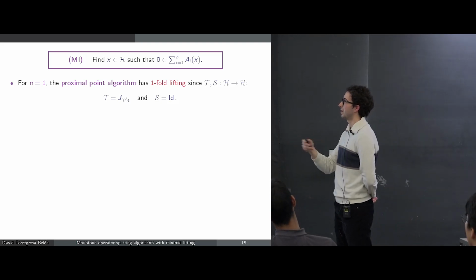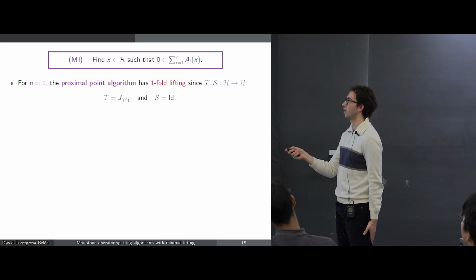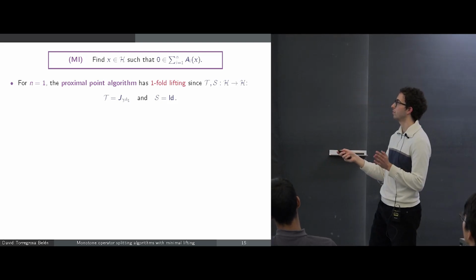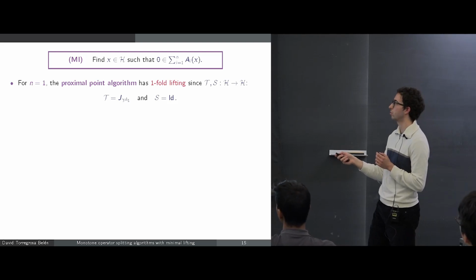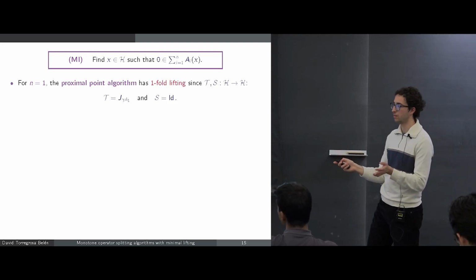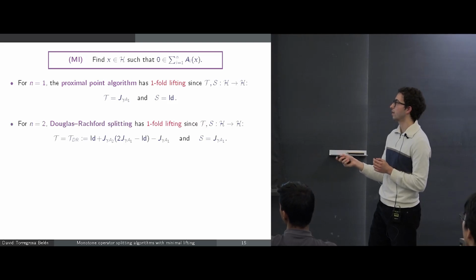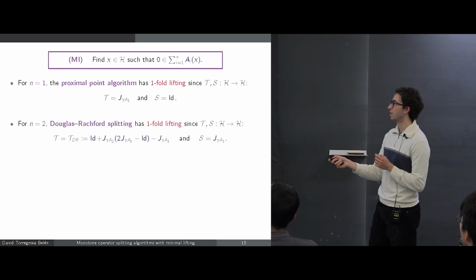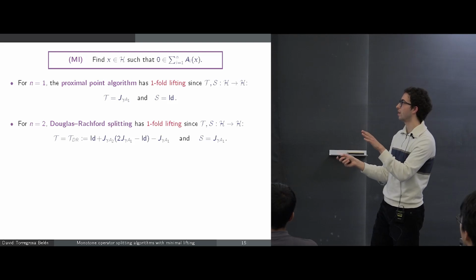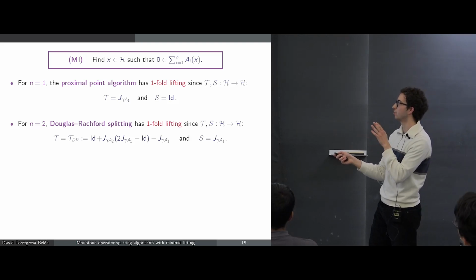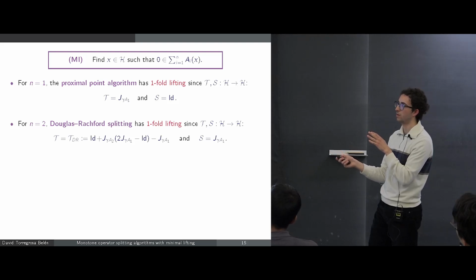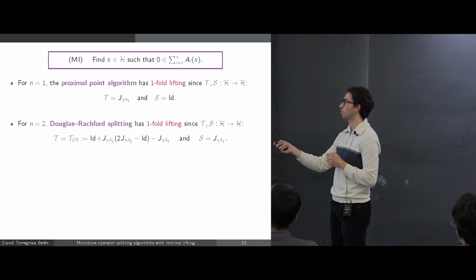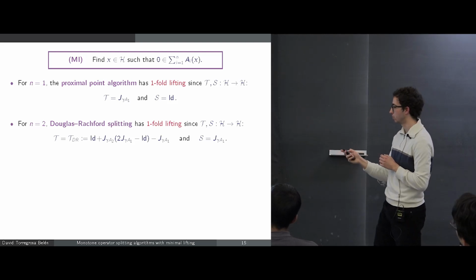So, just to gather the previous examples into this definition, for the case n equals 1, I presented the proximal point algorithm, which has 1-fold lifting because the fixed point operator was the resolvent of the maximally monotone operator, and the solution mapping was just the identity. For n equals 2, I had the Douglas-Rachford operator that also has 1-fold lifting because T was the Douglas-Rachford operator that I could write in just one line, but then I needed this solution mapping, which was the resolvent of the first operator, because I needed to apply this to get the solution of the monotone inclusion.